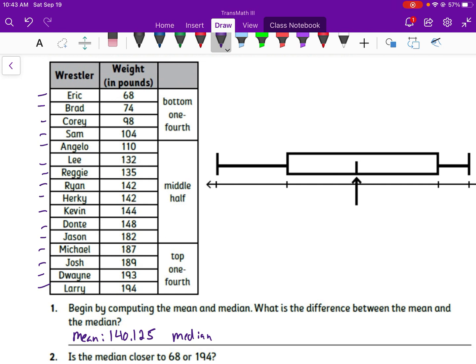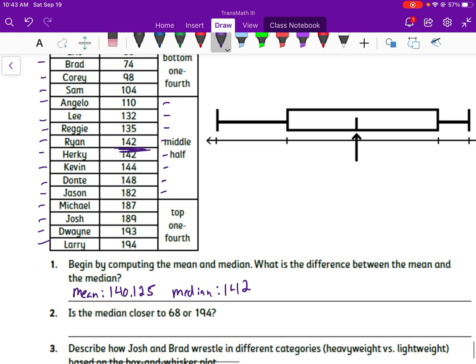And that median is that middle value. So I'm looking at that middle half there. It falls right here. So our median is 142. Then what's the difference between the mean and median? Difference, again, meaning subtracting.